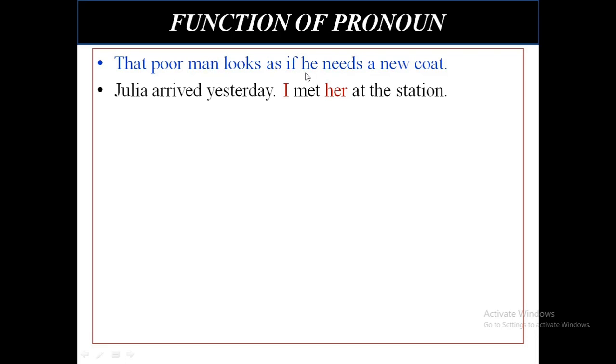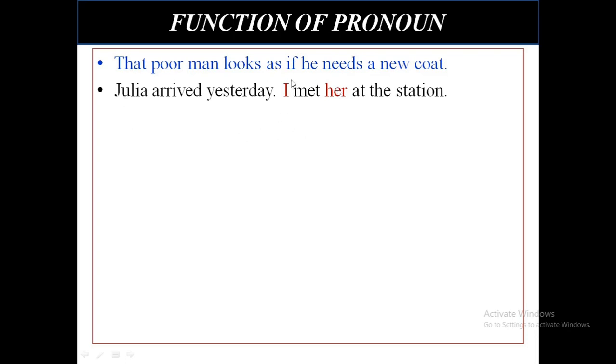So here he is the pronoun which can be called third person singular, referring to a masculine singular noun. This way it constructed its meaning. And her is also third person singular, which refers to a feminine person, Julia.